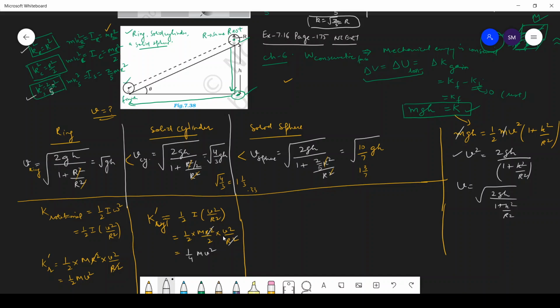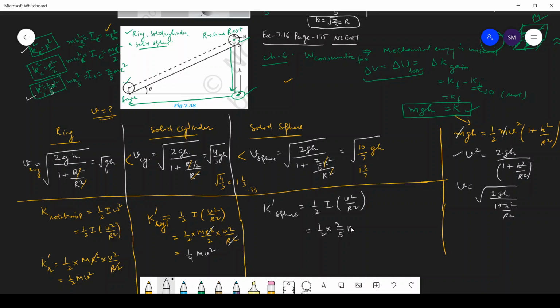Okay, so now for solid sphere, rotational kinetic energy is equal to half into I into V square by R square. And students, this comes out to be half into, what is the value of I? 2 by 5 m R square.